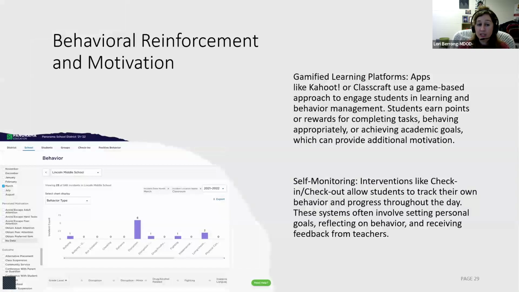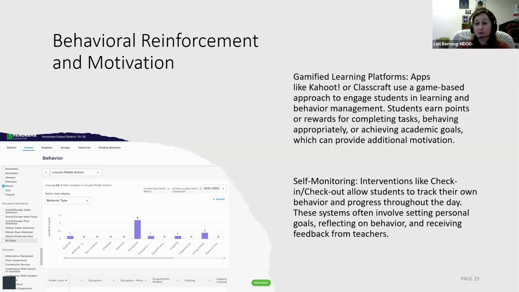Behavioral reinforcement and motivation. There's first gaming platforms like Kahoot and Classcraft. Those are games where students can participate in actual educational games, but also behavior management. Those include earning points or rewards, and then they can use those to earn more things. So that's always fun. That's one option. Then there's also self-monitoring.